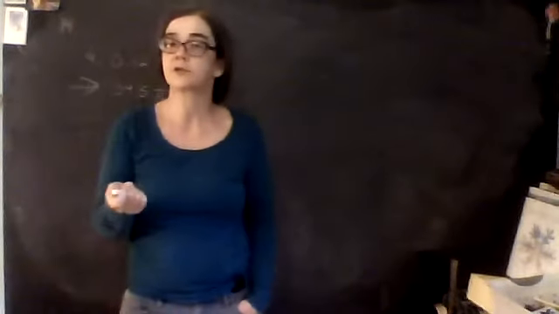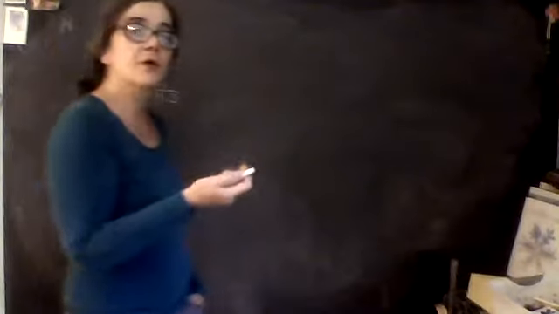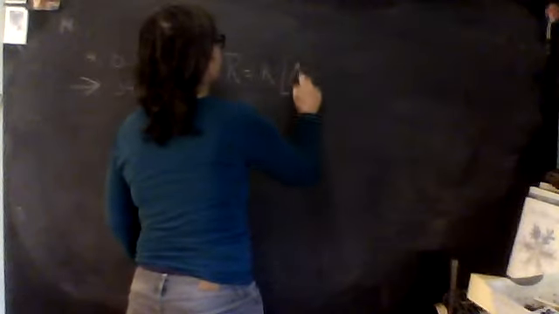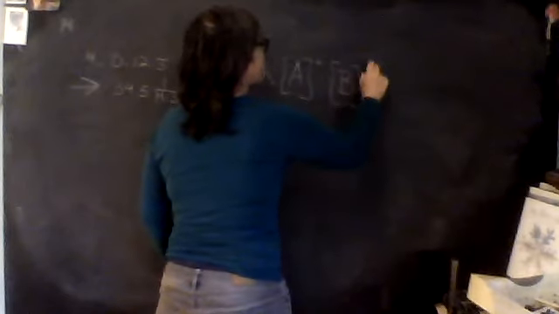Okay. So as you know, the rate constant will have variable units. What is the equation for rate? It's rate equals k times the concentration of A to some exponent x times the concentration of B to some exponent y.